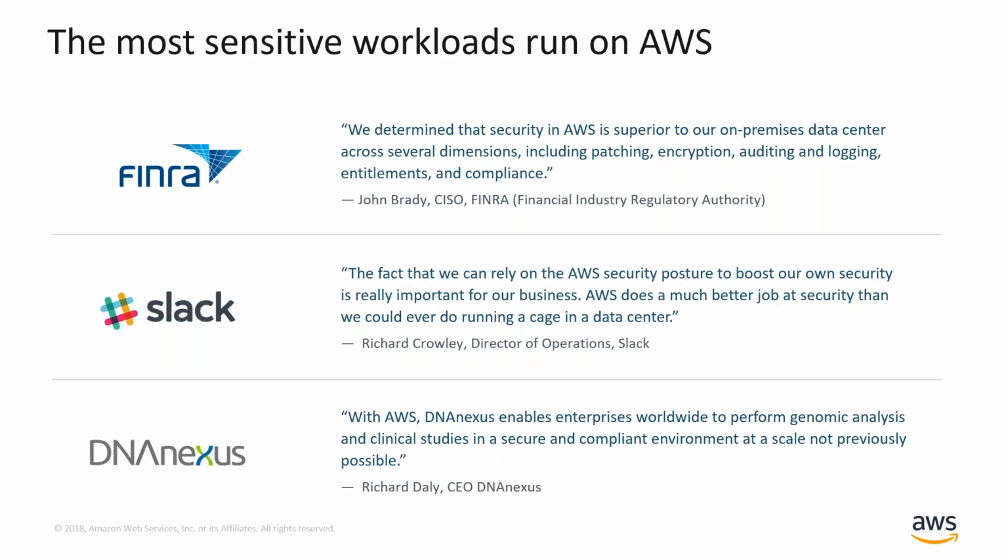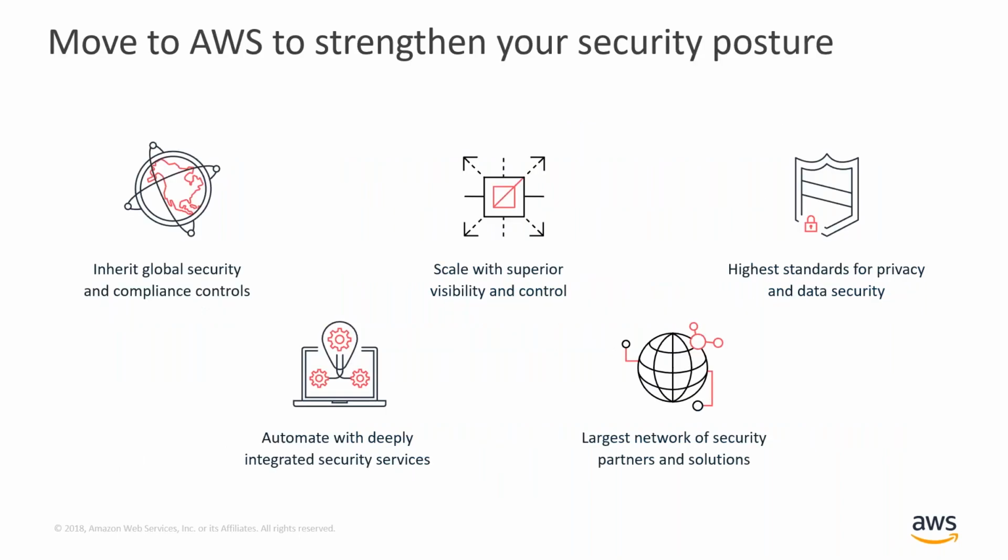Similarly, Slack has said that their AWS posture allows them to boost their own security, which is really important for their business. We also have Richard Daly, CEO of DNAnexus, who has said that AWS allows them to perform genomic analysis and clinical case studies in a secure, compliant manner, which was not previously possible.